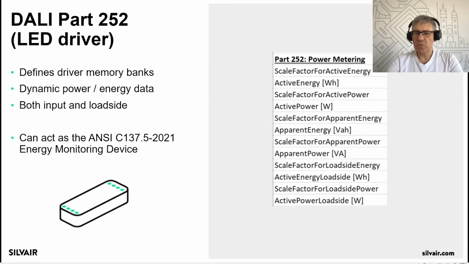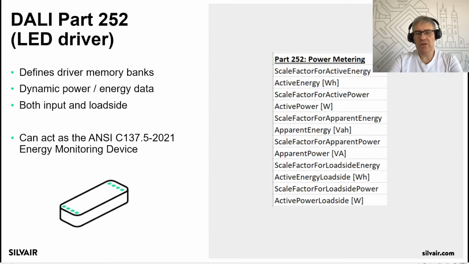So looking deeper into what part 252 offers, it offers a number of values that can be read from the driver, and the most important value for energy measurement is, of course, the active energy, which is reported in watt hours.